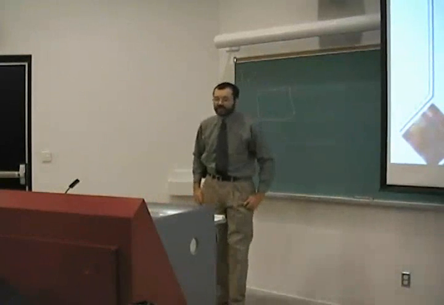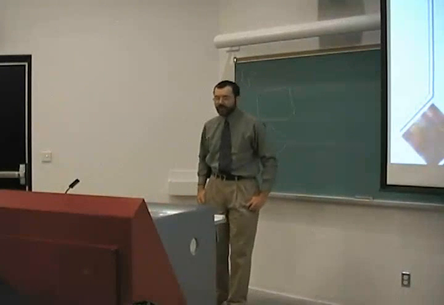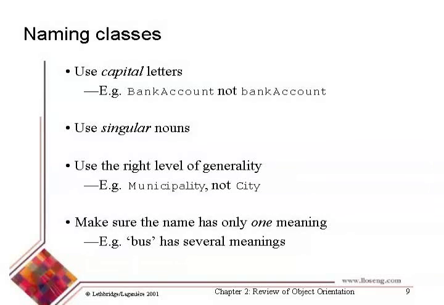Before we leave the concept of classes, I want to talk a little bit about some problems people have in appropriately choosing names for classes. Okay? First of all, if you define a class, give it a capital letter. Classes should be named using a capital letter. So, capital B for Bank Account, not lowercase b.